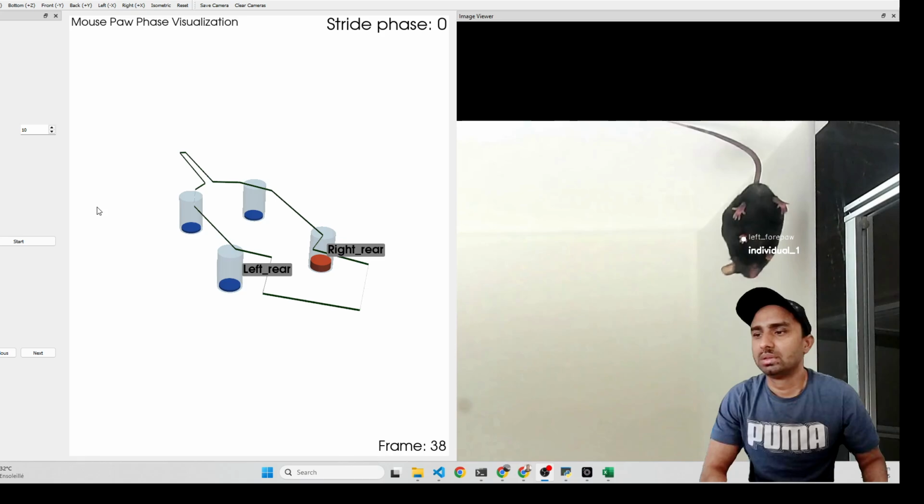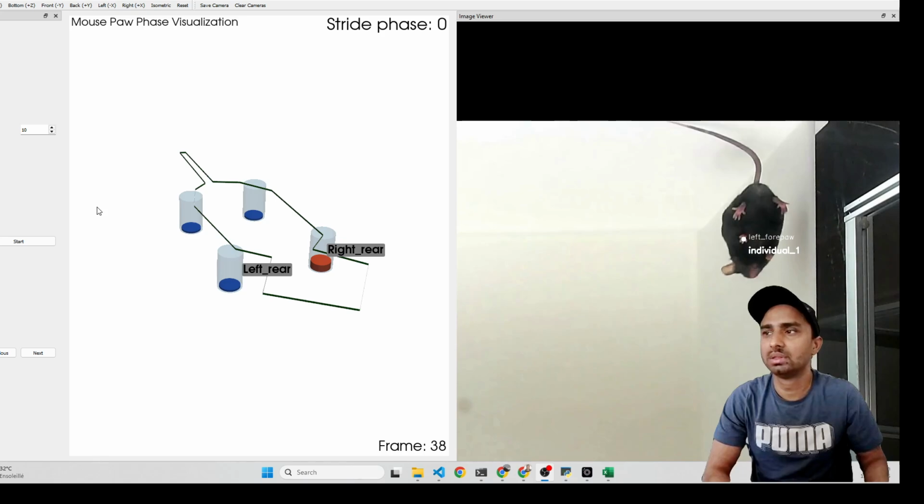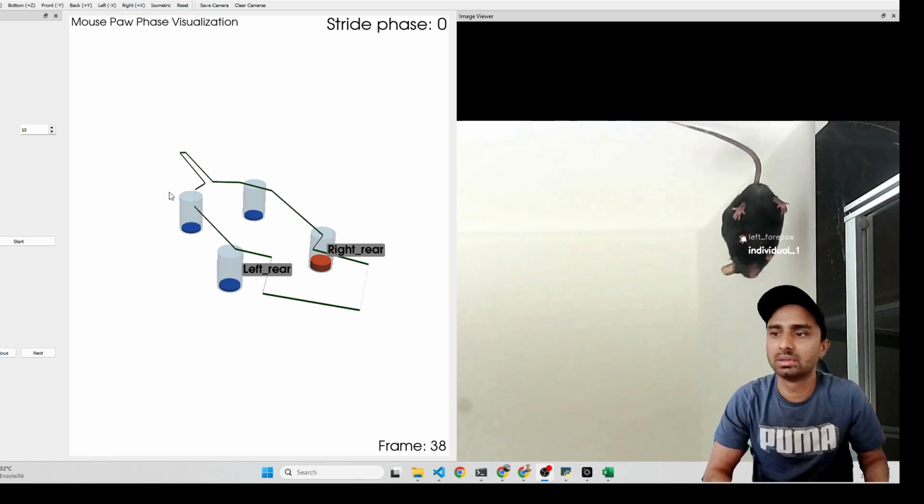This is the stride cycle visualization in gait analysis using DeepLabCut keypoint data.